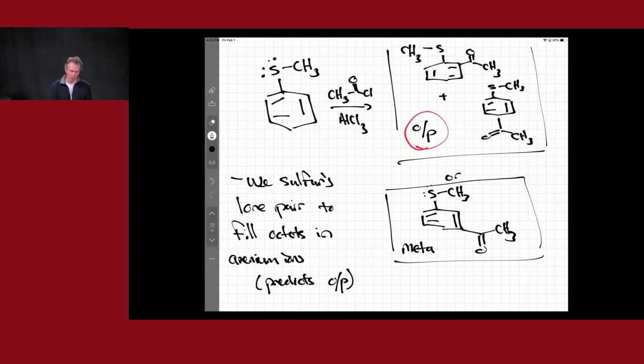Let's do one more, and then I think we will call it a day at this point. So another one, I don't think this one was on our list from today either, but I think you should be able to come up with a rationale for this one. Okay, let's imagine that we are going to do halogenation on benzene sulfonic acid.